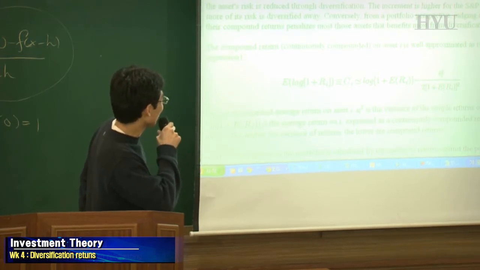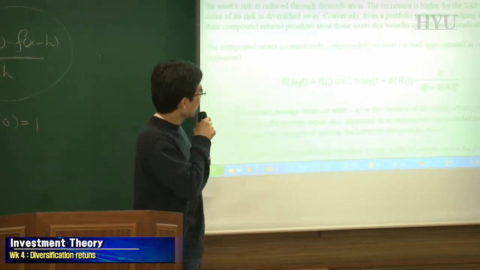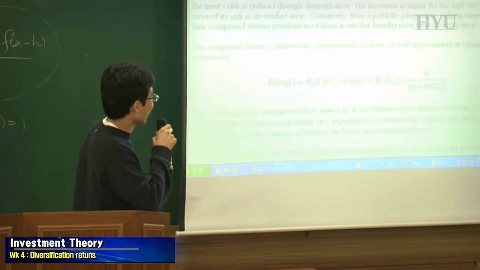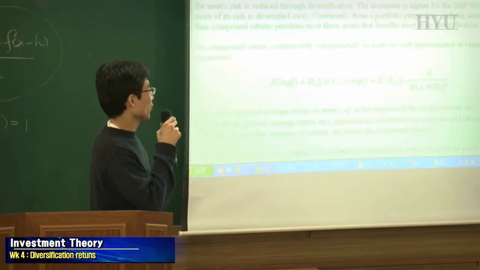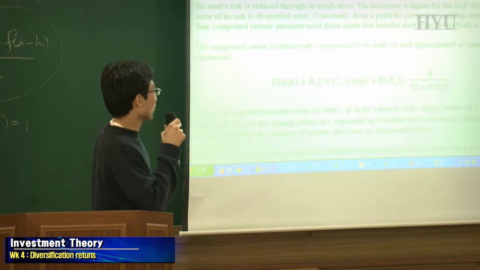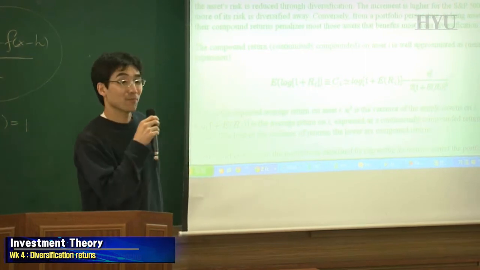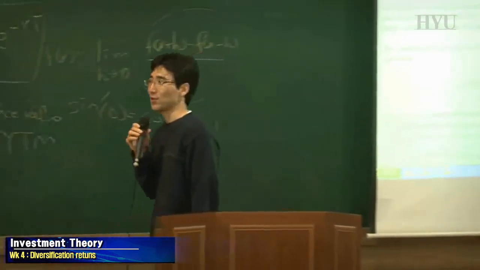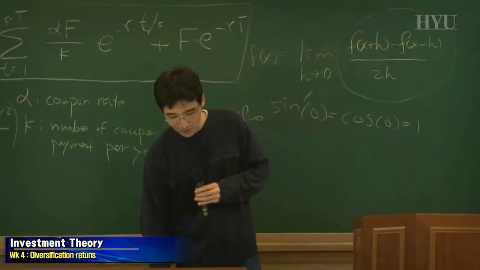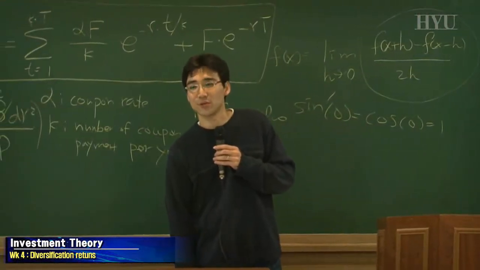This equation means that the higher the variance of return, the lower the compounded return. Alternatively, the lower the variance of return, the higher the compound return. That's the direct benefit of diversification expressed in terms of return.